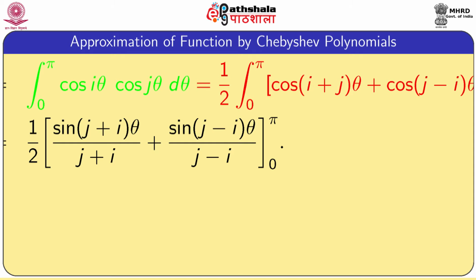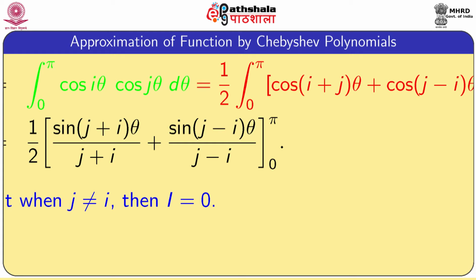That is, I equals the integral from 0 to π of cos iθ cos jθ dθ, which equals half of the integral from 0 to π of cos((i + j)θ) plus cos((j − i)θ) dθ. After integration it becomes half of [sin((j + i)θ)/(j + i) plus sin((j − i)θ)/(j − i)], with lower limit 0 and upper limit π.